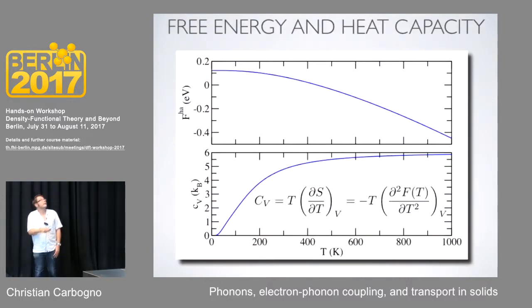From that, you get such properties as the free energy, or for instance its second derivative, the specific heat, which gives you this nice behavior that you know from textbooks, the T^3 dependence at low temperatures, where only acoustic modes play a role, and then the classical limit at very high temperatures, where we start to approach the Dulong-Petit limit, and the contribution to the specific heat is constant, or scales with the number of degrees of freedom in your system.